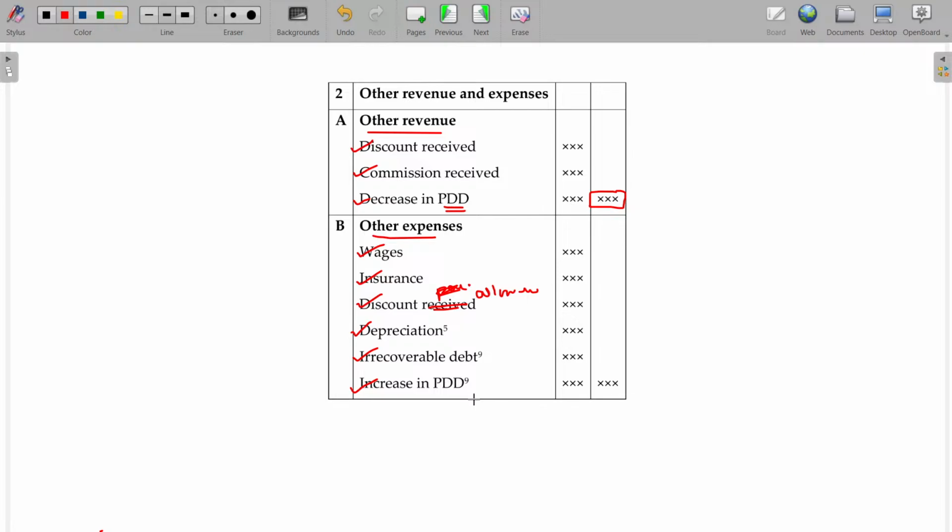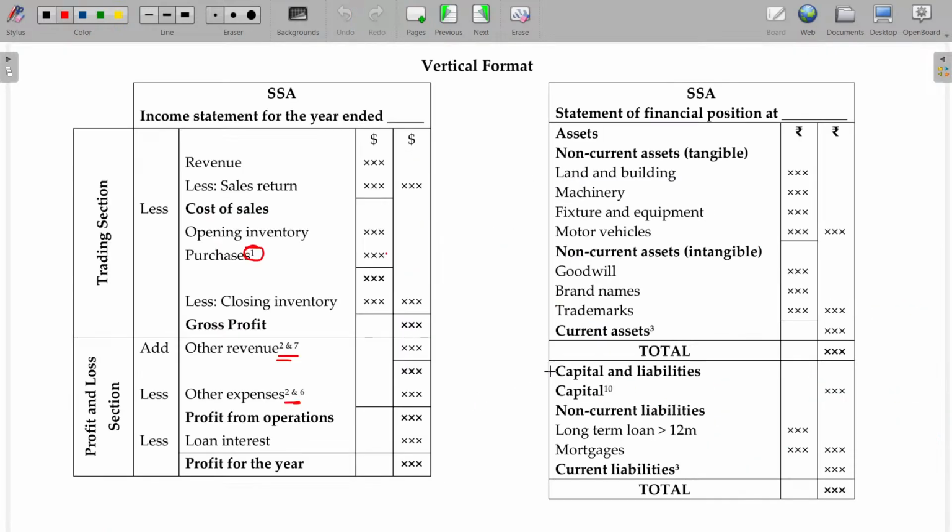Okay. Before we see that, let me try to finish off this one also. What will come under current assets and what will come under current liabilities? Assets convertible into cash within 12 months will be called current assets. Liabilities payable within 12 months will be called current liabilities. Now what are the items that will fall under that?